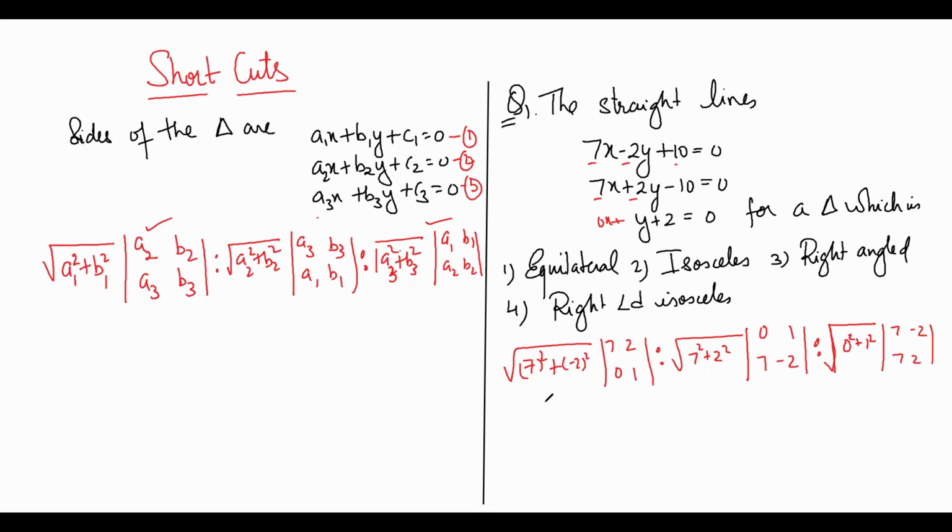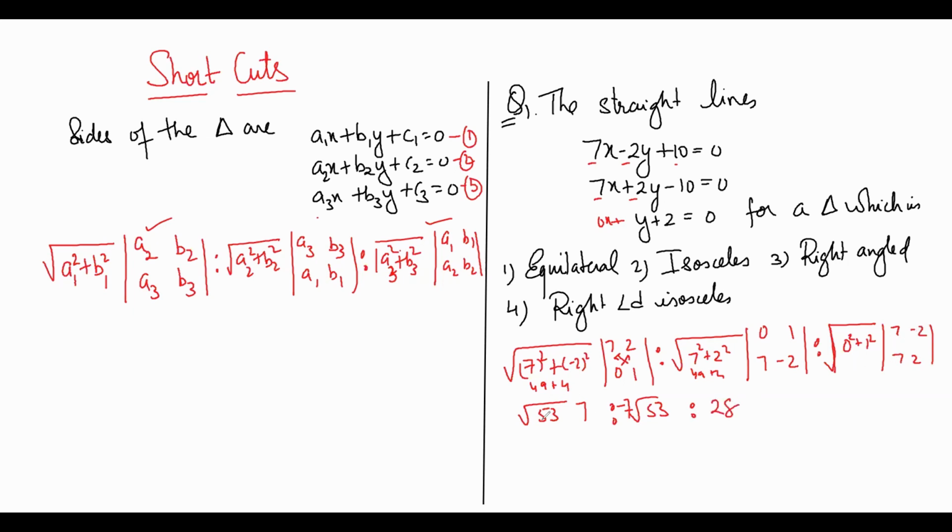Now solve this. This is 49 plus 4, that is root of 53. 7 into 1 cross multiplication minus 0, so this is 7. Is to again 49 plus 4, root 53, and this is minus 2 into 0, 0 minus 7, so this is minus 7 here, but I need only magnitude. Okay, so this is 7, and then 14 plus 14, so this is 28.